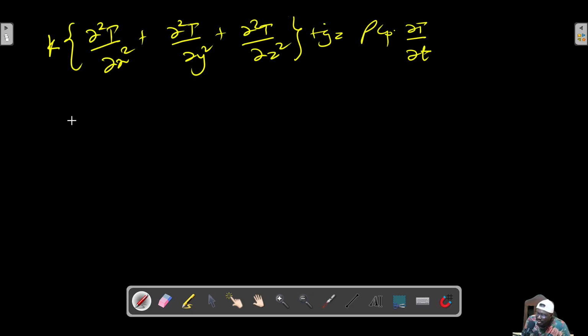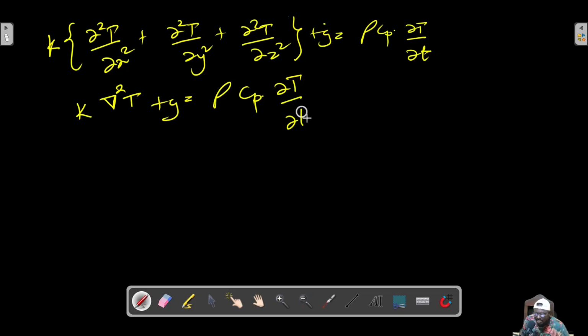So this can be written as K, the Laplacian of the temperature field, plus J dot is equal to rho Cp del T del small t. This is one thing you need to know.